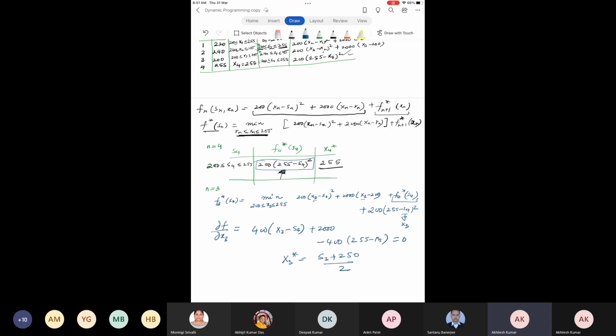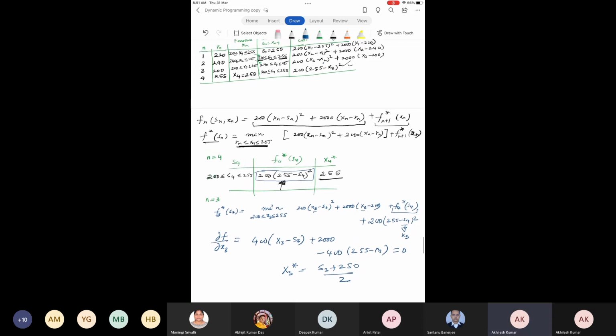Good so far? How do we confirm that X3 star is satisfying the constraints we have? We have not used the constraints. What is the constraint here? We have limits on S3 and X3, right?